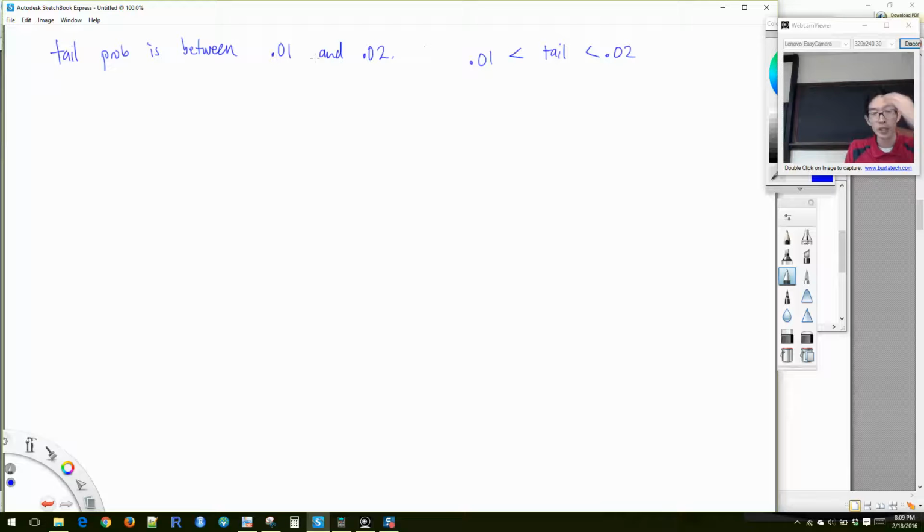What this says is that if the null hypothesis were true, so in our case, what was our null hypothesis? That males and females have the same average salary in the education field, or something like that.